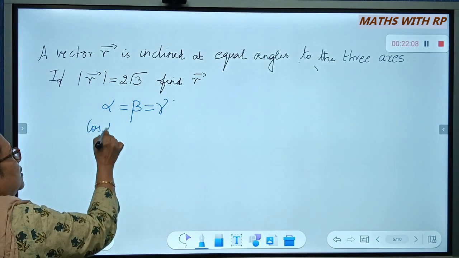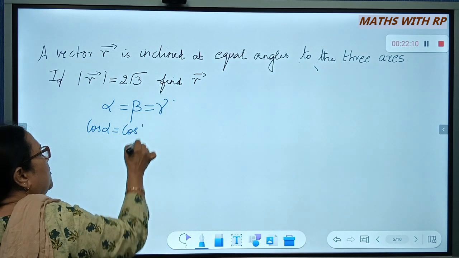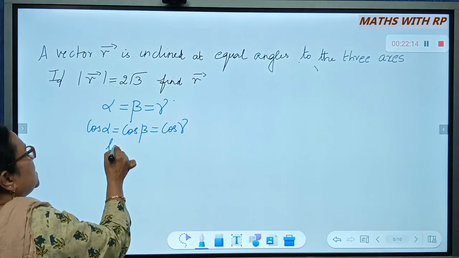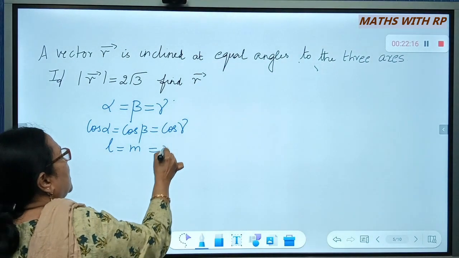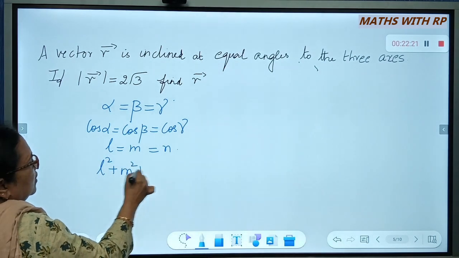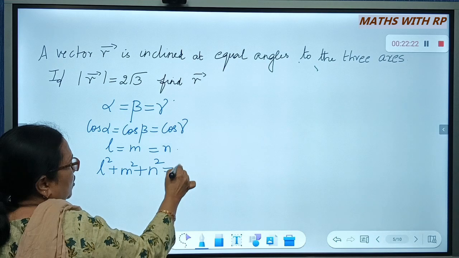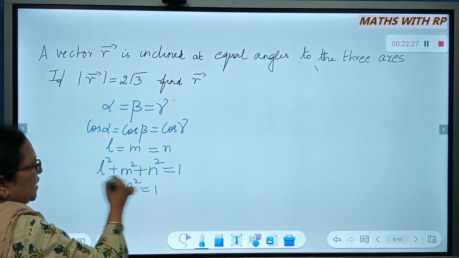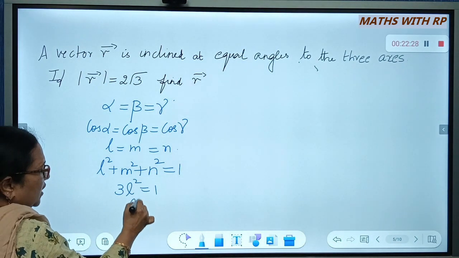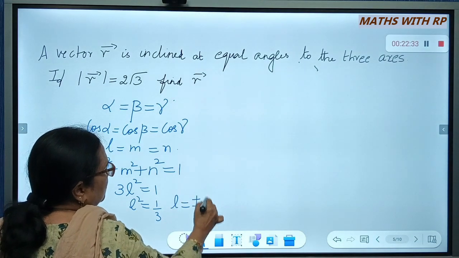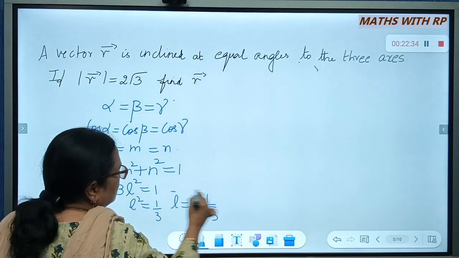Cos alpha equal to cos beta equal to cos gamma, which means L equal to M equal to N. But we know that L square plus M square plus N square equal to 1, or 3L square equal to 1, because L is equal to M equal to N. So L square equal to 1 by 3 or L equal to plus or minus 1 by root 3.